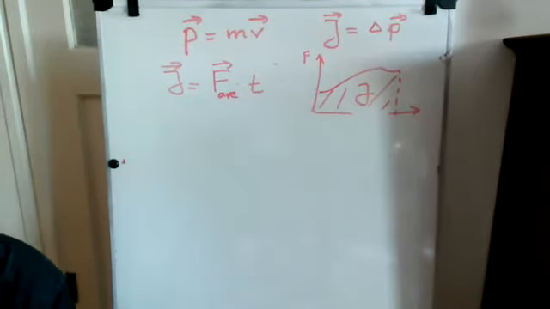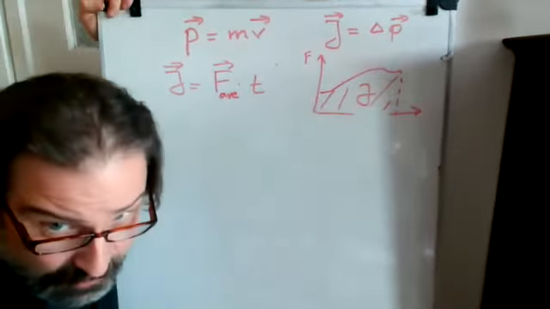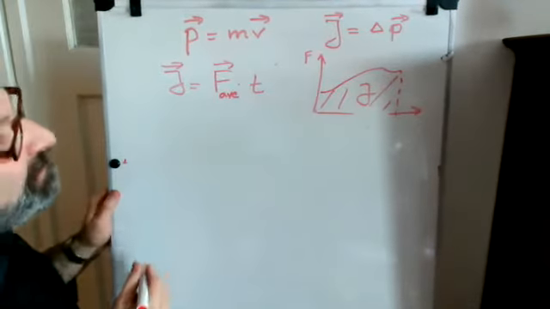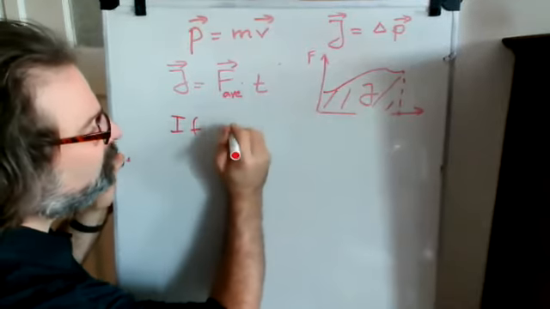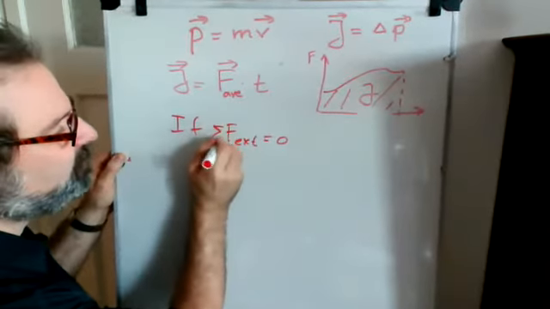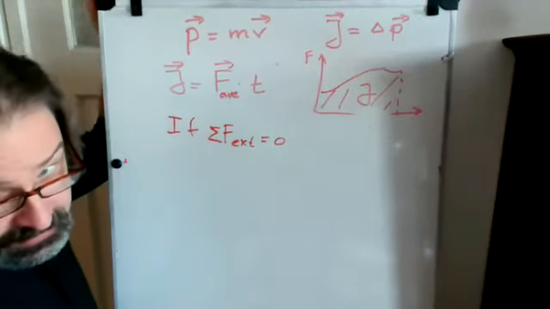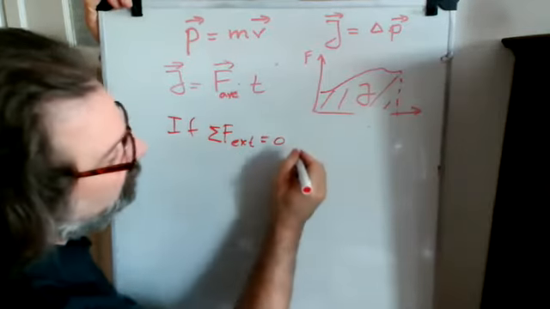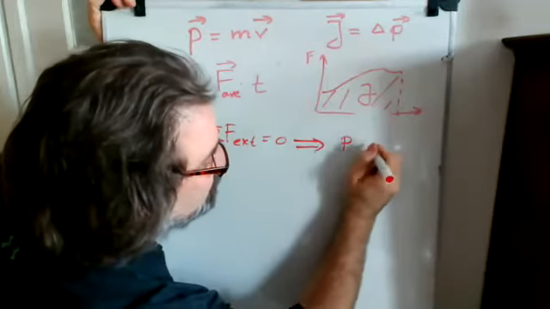Okay, good. So let's actually just summarize what we just found. What did we just find? We found, first of all, if F external is equal to 0, if the sum of the external forces is 0, and again, we're being pretty loosey-goosey here, that also means basically they are negligible, then it should be true that momentum is conserved.